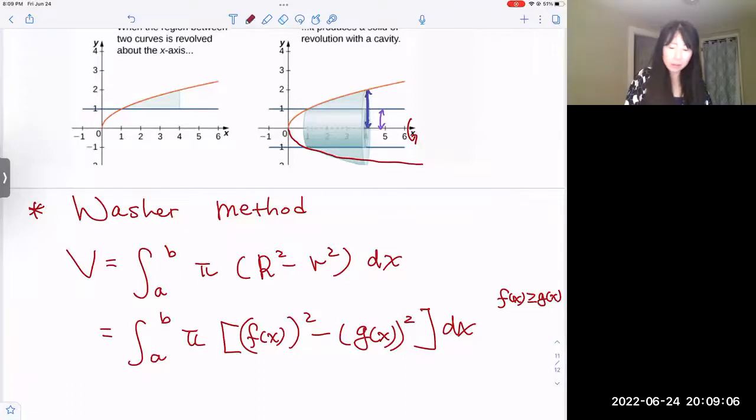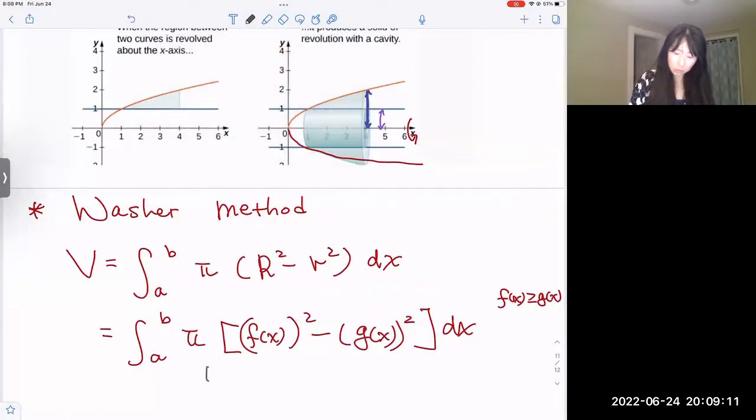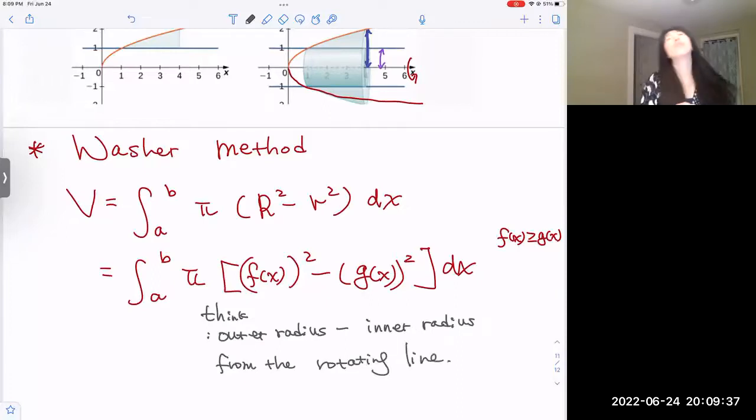So think outer radius minus inner radius, from the rotating.